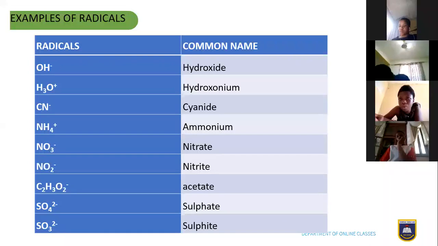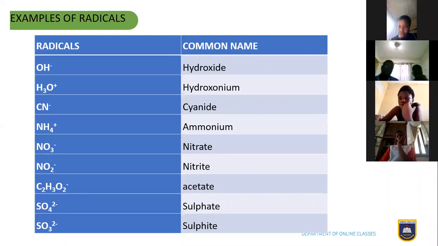CN minus, cyanide. NH4 plus, ammonium. NO3 minus, nitrate. NO2 minus, nitrite. I want you to take note of the difference between the nitrate and the nitrite. NO3 minus is nitrate, NO2 minus is nitrite.